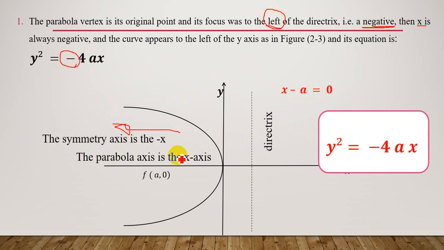So our axis is still the same. Our focus is here, still our vertex in the original, but a, the directrix coming in the other side. I don't care about the directrix more than I care about my axis in positive or negative direction.